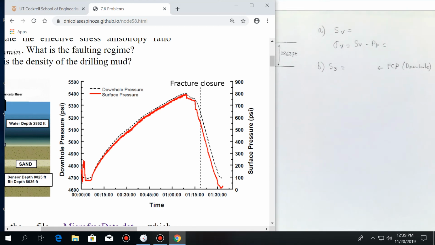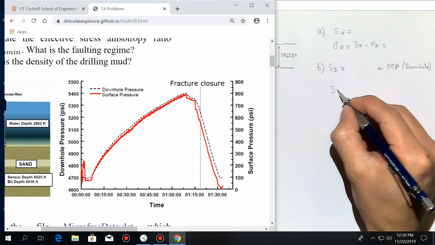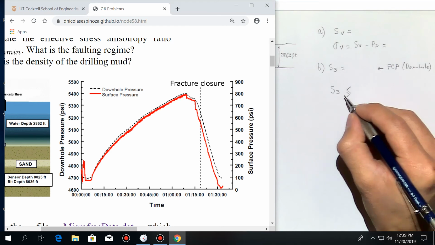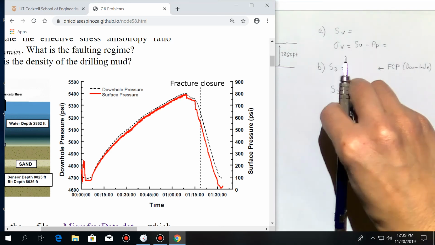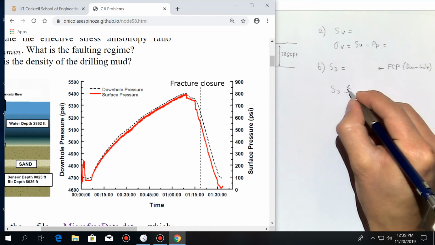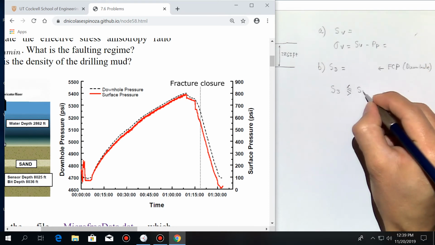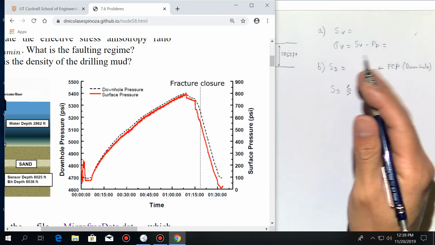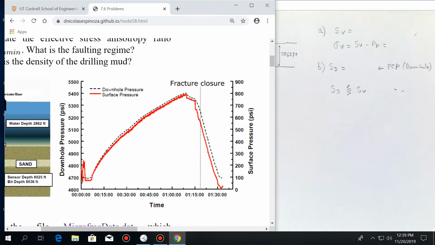After you do this, you can ask yourself, is the minimum principal stress equal to, larger than, or the same as the vertical total stress? That will allow you to tell if this is reverse faulting, normal faulting or strike slip. Based on that, I'm going to give you a hint: this is not reverse, okay?